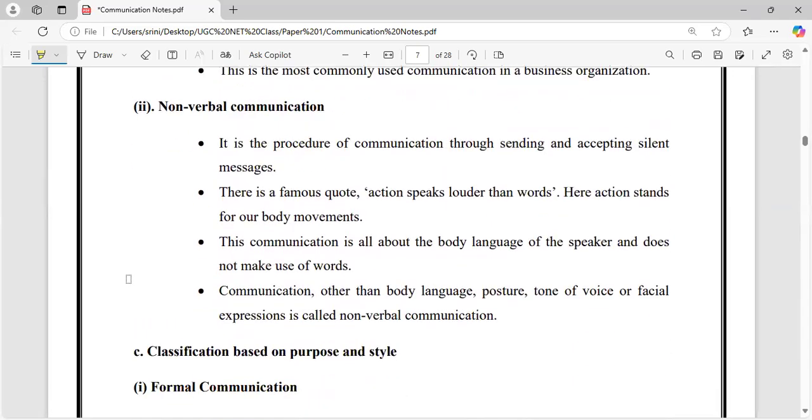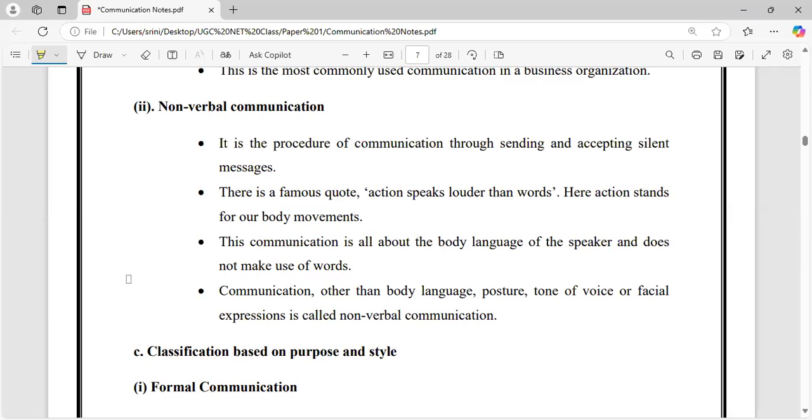Non-verbal communication is the procedure of communication through sending and accepting silent messages. There is a famous quote: actions speak louder than words. Here in non-verbal communication, action stands for body movements. If I ask someone, are you okay, the other person would mostly say, I'm fine, but they might not be.